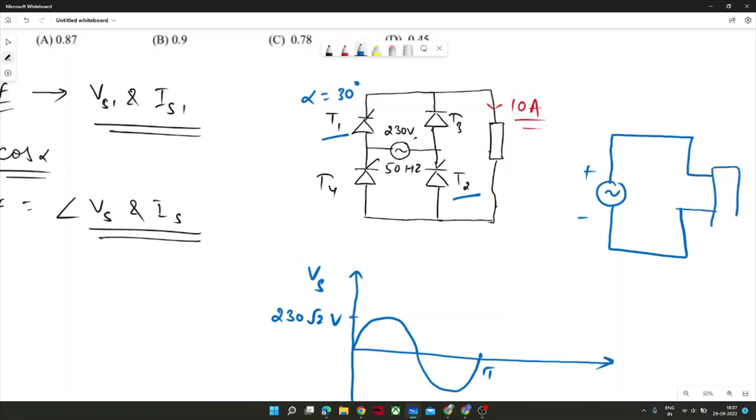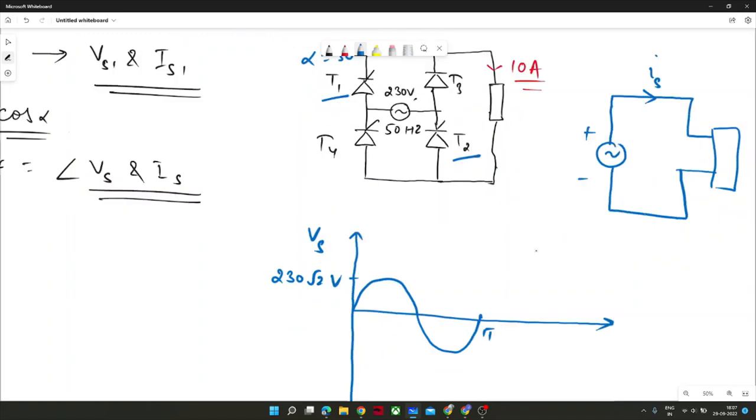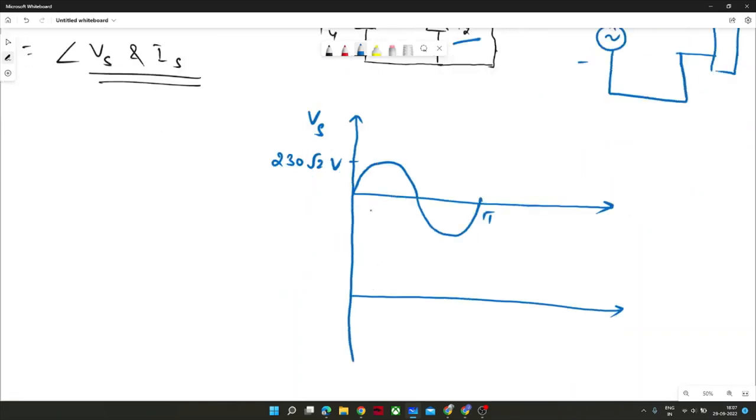And here the load would be connected and current would flow. Okay, so in this manner, T1 and T2 will conduct, and this forward current, this Is, is positive. Let us assume this direction is positive. So this current is positive for this half.